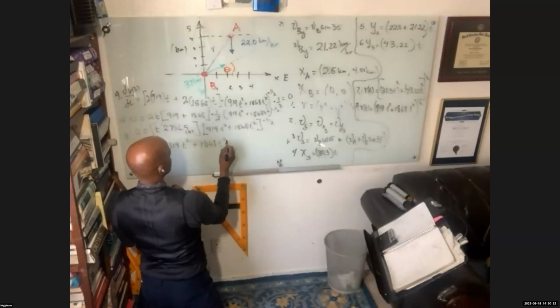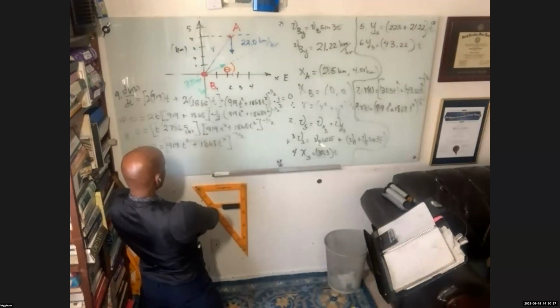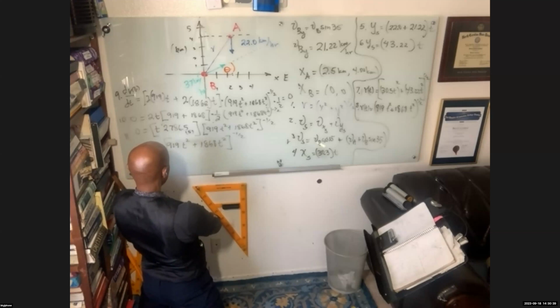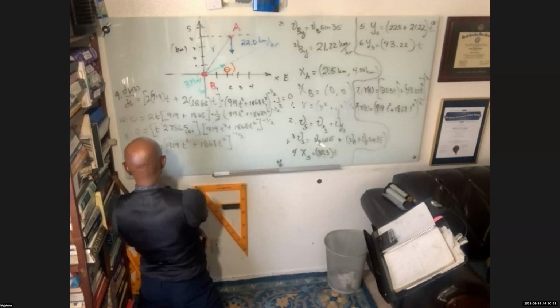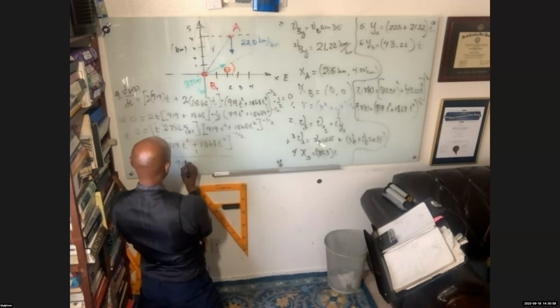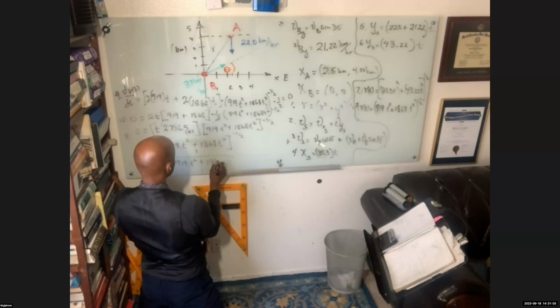1868 t squared to the minus 1/2. Okay, so now that's the same as 0 equals 1 over 919 t squared plus 1868, quantity to the 1/2 power.